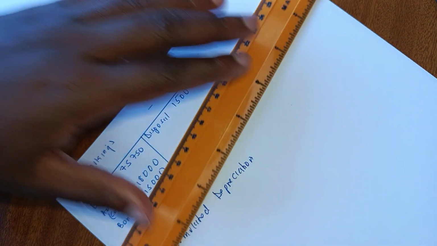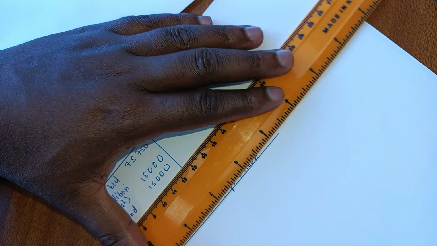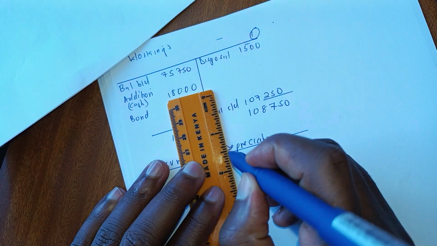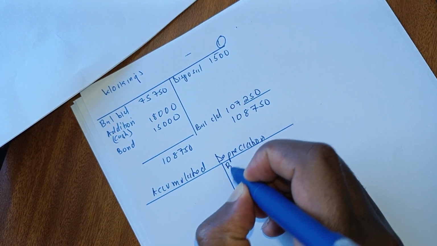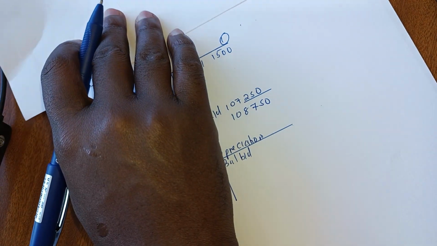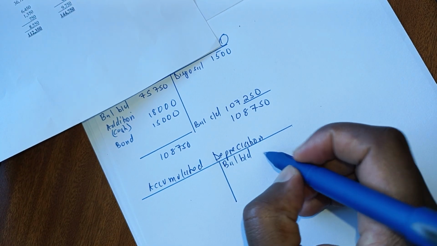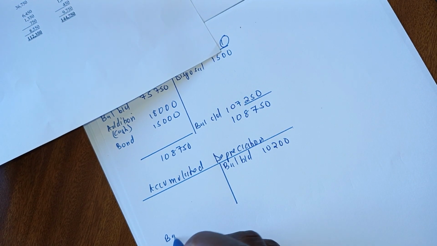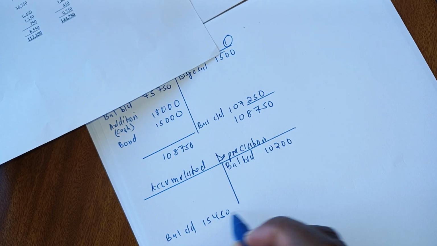Under accumulated depreciation, you can see the balance brought down was 10,200. Then the balance carried down was 15,450.